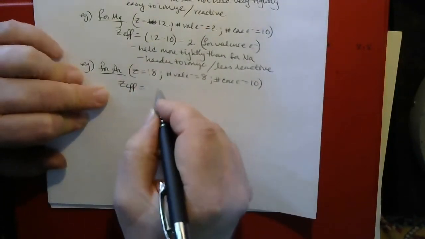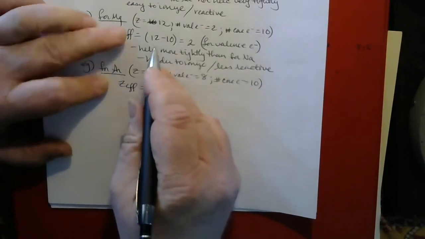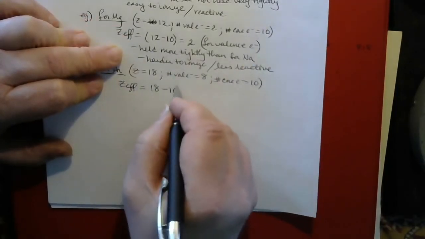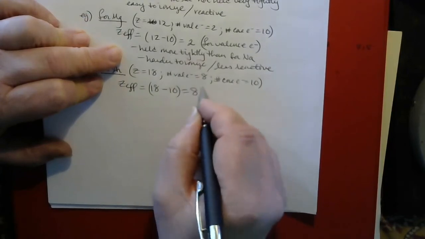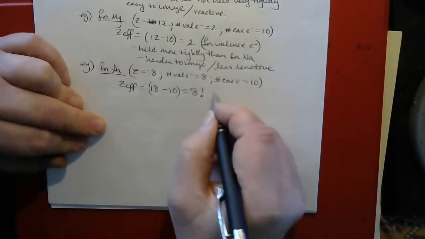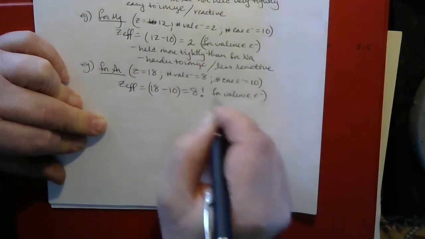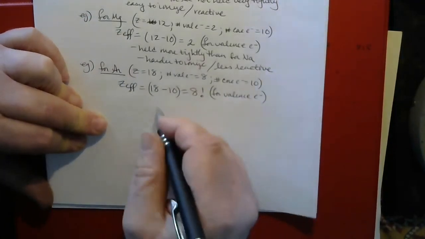And so the effective nuclear charge would be 18 minus 10, which is 8. That's really high.